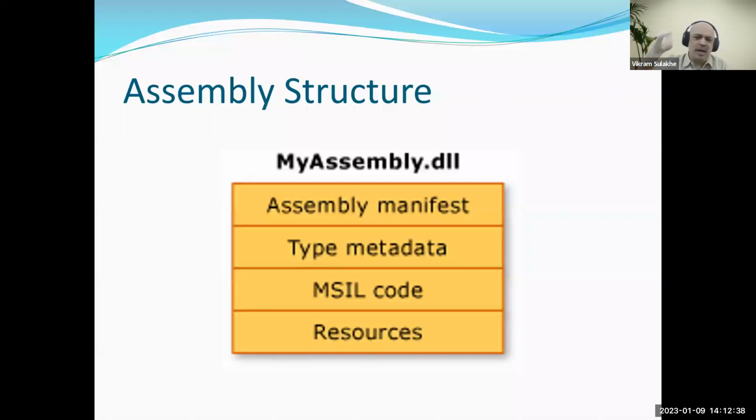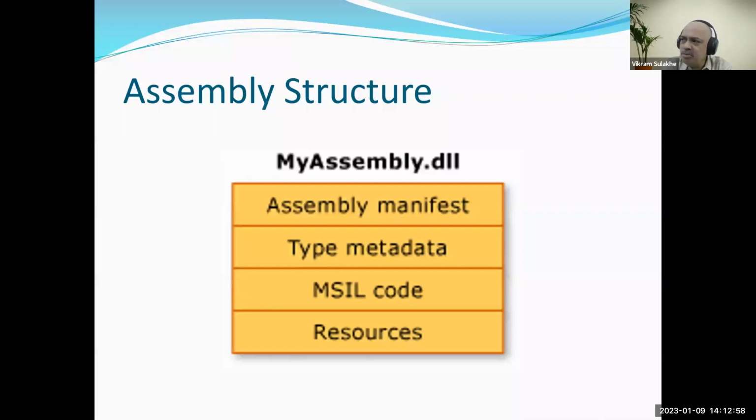Essentially, the assembly now contains information about itself, information about all the classes in there, and the code that you're writing. It also contains resources. Resources are typically stored in resource files, and the reference to the resource files is stored here.